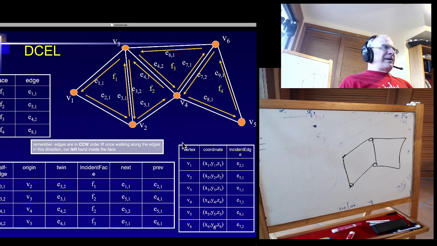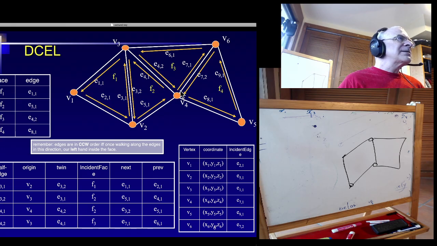If we look at V4, V4 is adjacent to 4 normal edges. However, it stores a pointer only to E71. That is, it stores only the index E71. Where is E71? E71 is a half edge that emerges from V4 toward V6.